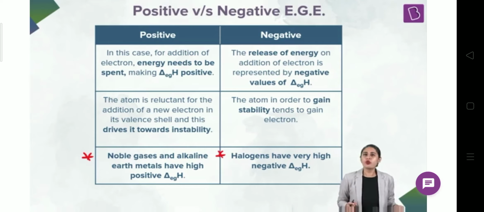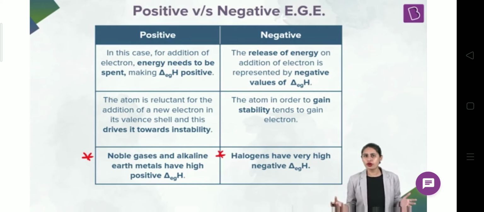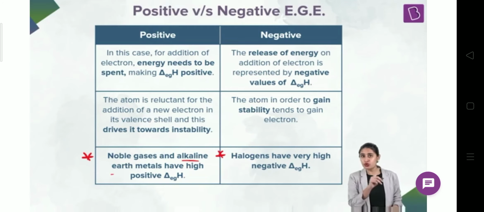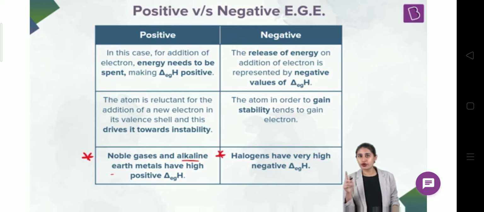So, of course, they would not want another electron to come. They would not want any sort of repulsion. They're happy amongst themselves. So is the case with the alkaline earth metals. ns2 is the valence shell electronic configuration, you remember now. And hence, they are also very much satiated. So group 2 and group 18 will have positive electron gain enthalpy.